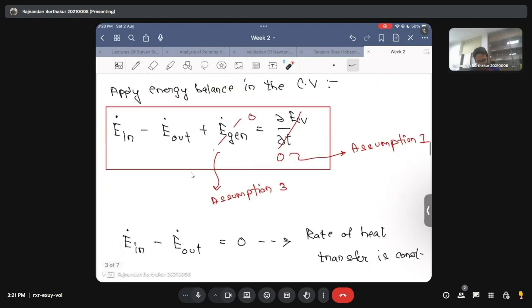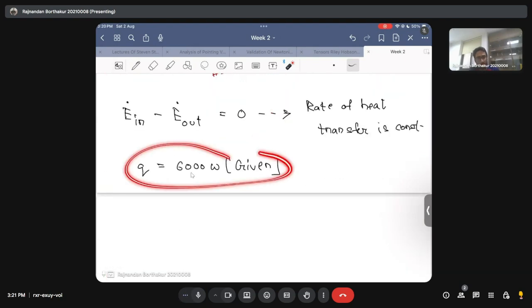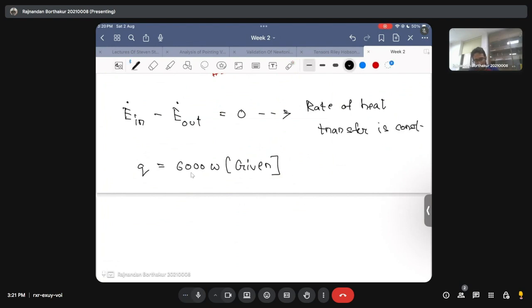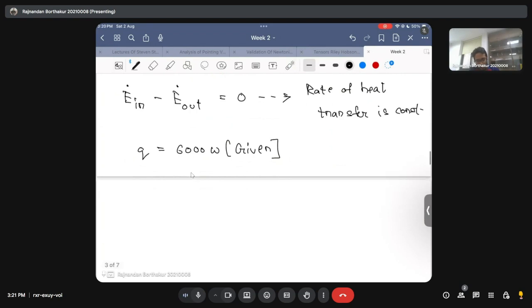So now, since we know that the rate of heat transfer is constant and equal to 6000 watt, as the question has said, we will now apply Fourier's law, because the only relation that gives us the thermal conductivity from the rate of heat transfer is Fourier's law.